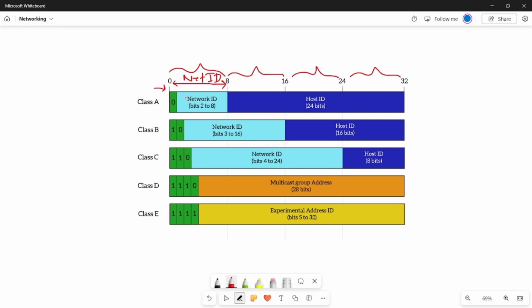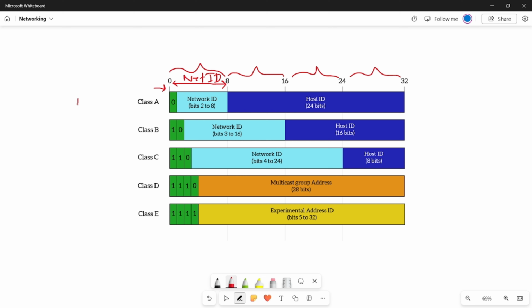If you are given an IP address in decimal format, you have to convert it into binary format and see whether the first bit of the IP address is 0 or not.